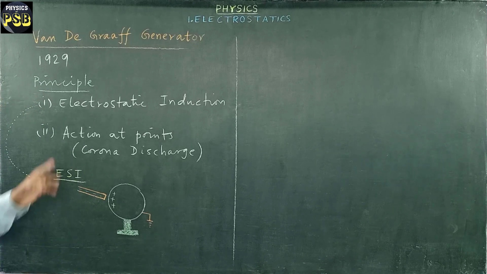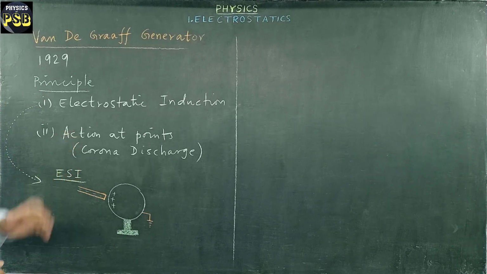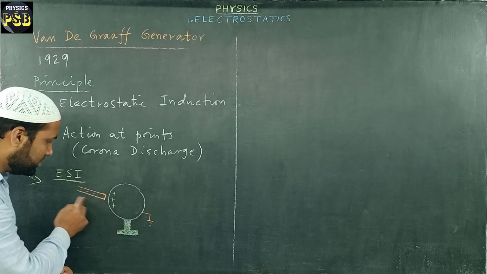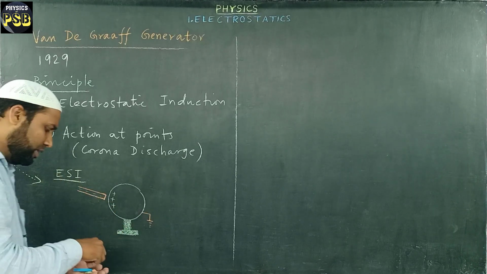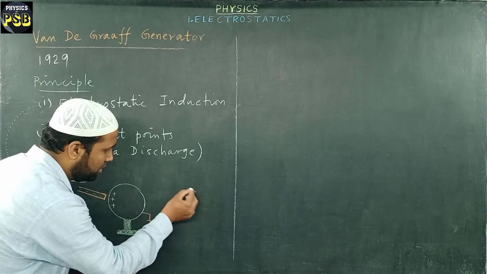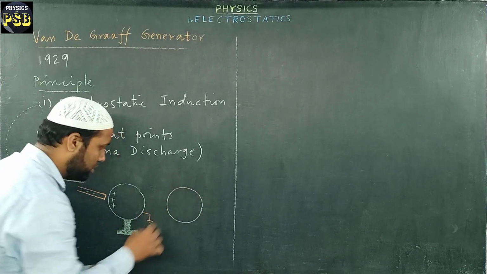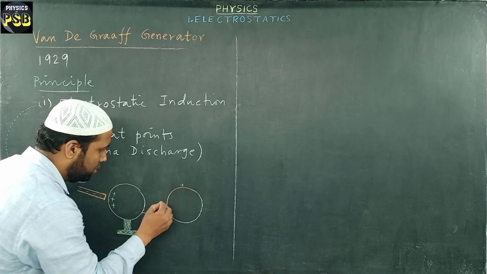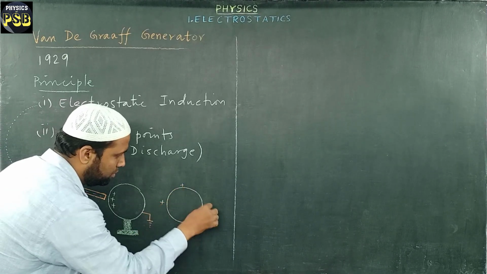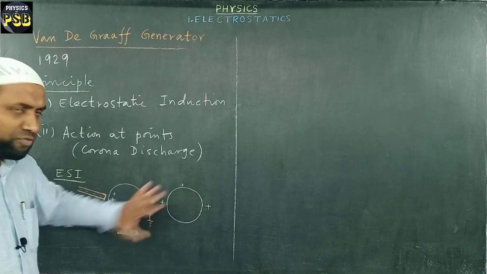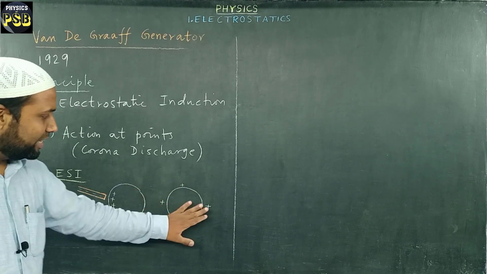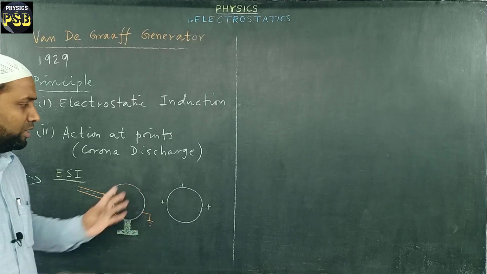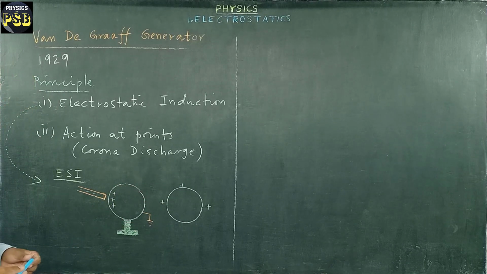Now, let's come to the next point. What is action at points? Now, when I remove this charged object, in this sphere, the charges get distributed uniformly. Clear?